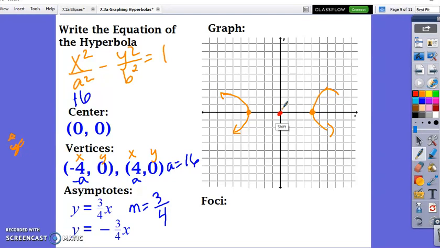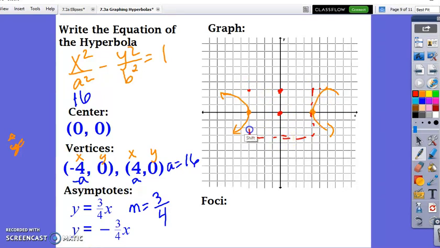A slope of 3 over 4 will be up 3, and then to the right 4. Or down 3 to the left 4. Or up 3 to the left 4 and down 3 to the right 4. So that would make my box.